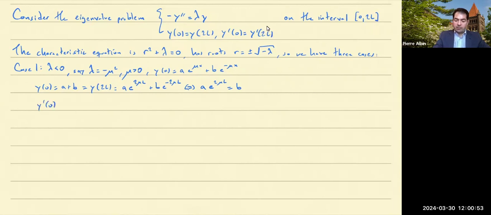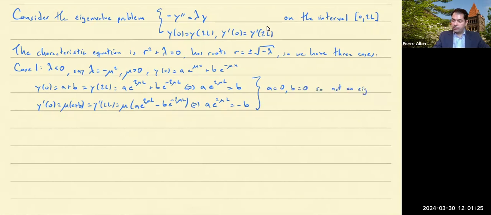And y prime of 0 is equal to mu times a minus b, which we want to be equal to y prime of 2L, which would be mu times a e to the 2 mu L minus b e to the minus 2 mu L, right, from which we deduce that a e to the 2 mu L is equal to minus b. And so together we see that a is equal to 0 and b is equal to 0. So not an eigenvalue.